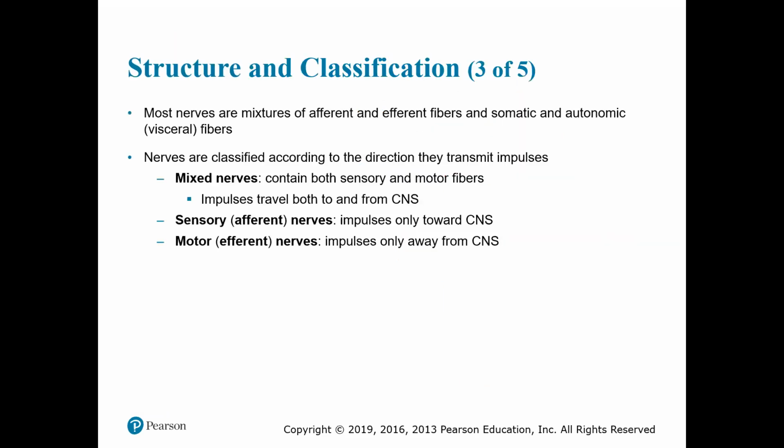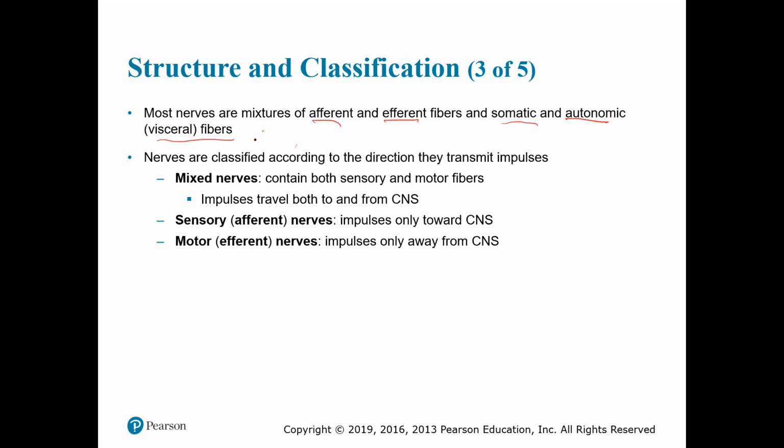So here's the thing about nerves: most nerves have both efferent, which is motor, and afferent, which is sensory, and somatic and autonomic parts of those. Depends on where it is. Again, we didn't do the autonomic nervous system yet, but the sympathetic nerves go along the spinal cord from like T1 down to L2 or L3.